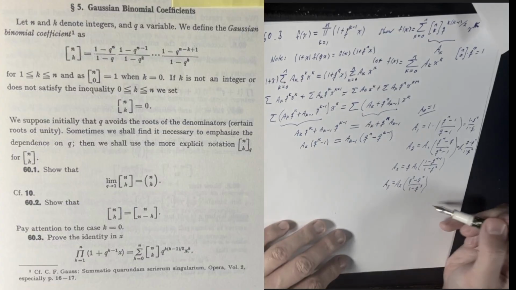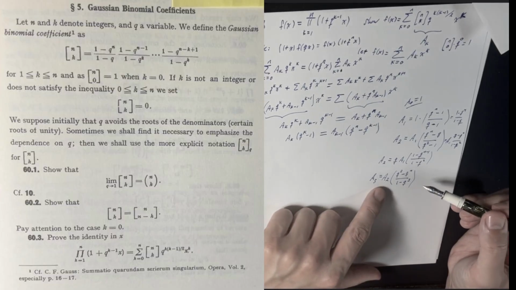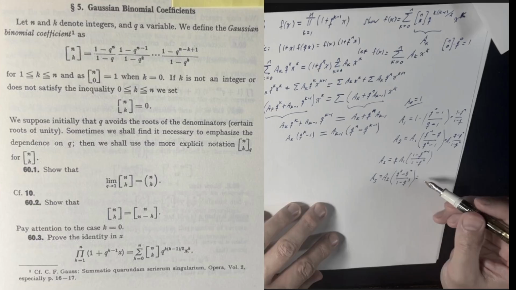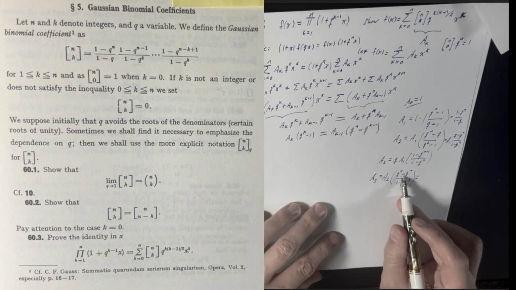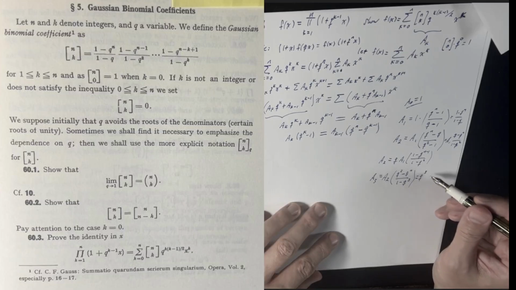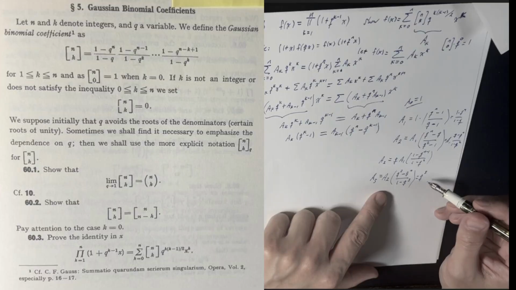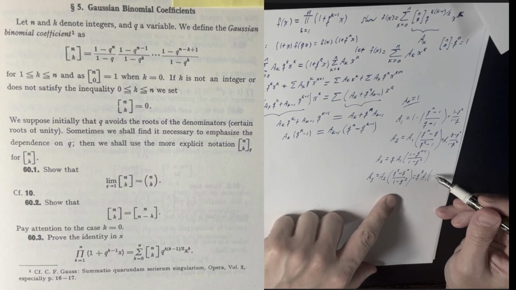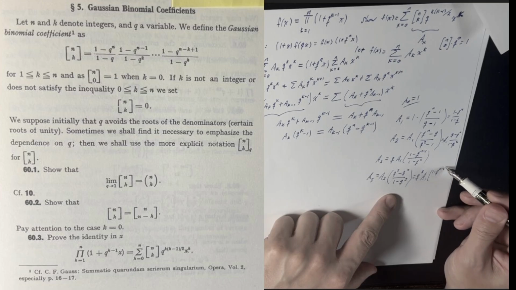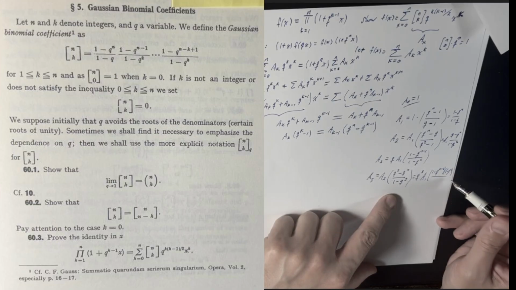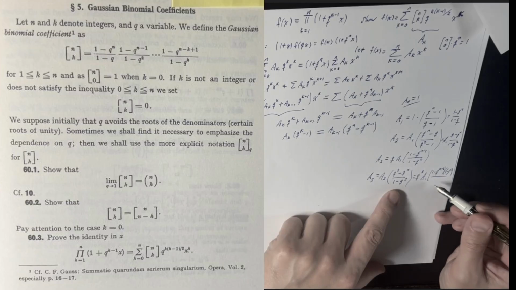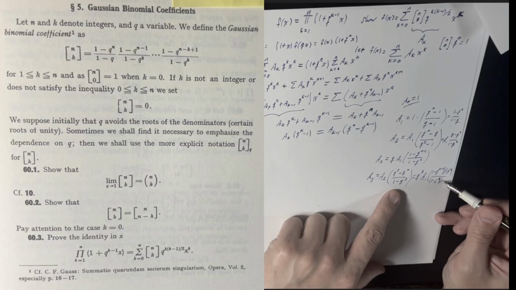But anyway, that's the same as, and we're going to factor q squared out, so it's the same as q cubed times a_1 times 1 minus q to the n minus 2, 1 minus q to the n minus 1, and then downstairs you get a 3 and a 2.